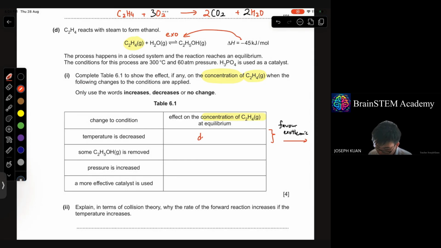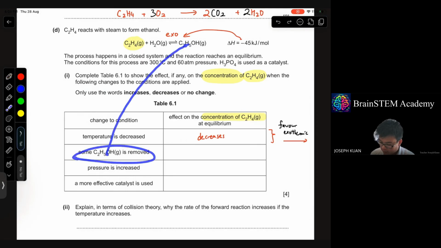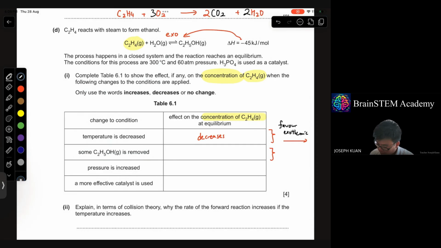So this one will decrease, because they're asking us for reactants. Next, removing ethanol. Removing ethanol causes the system to favor the product side, favor the forward reaction. So it also causes your reactants to decrease in concentration.